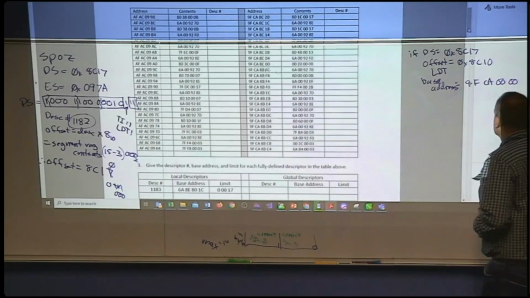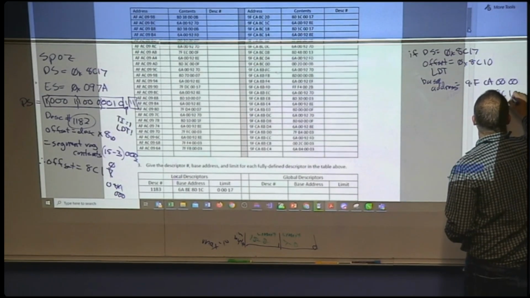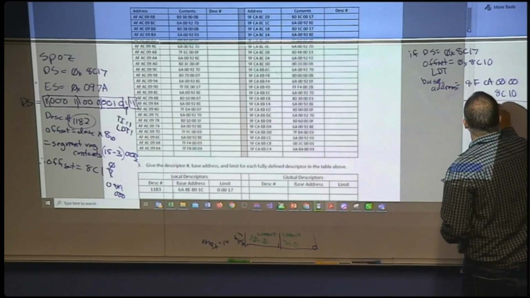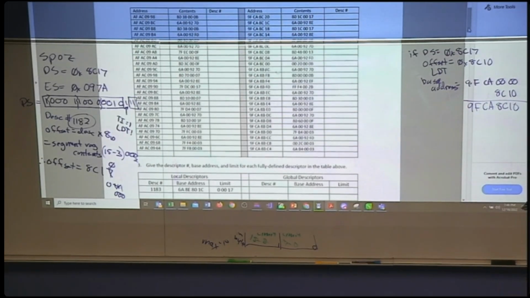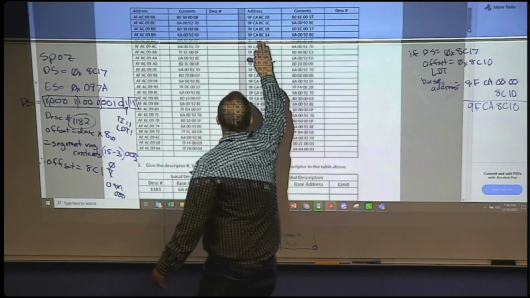Do you see that? We add the 8C17, or I'm sorry, 10, right? Now, if the gods are smiling upon us, we will have this value in the table. I think it's right here.